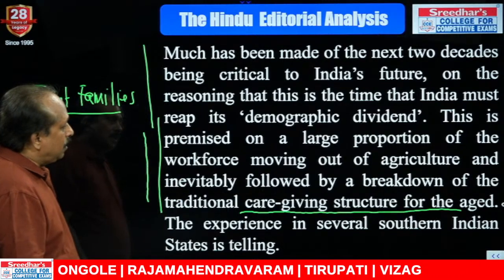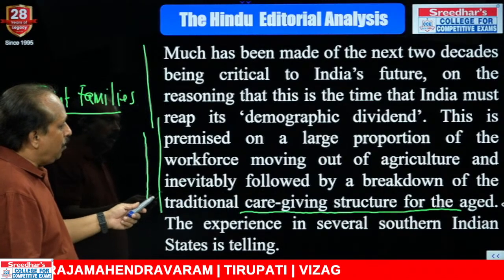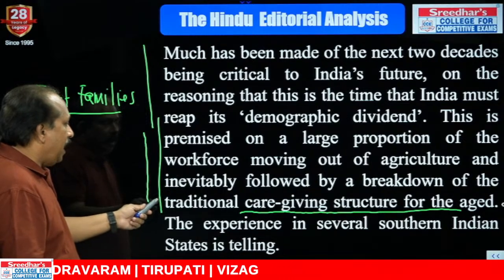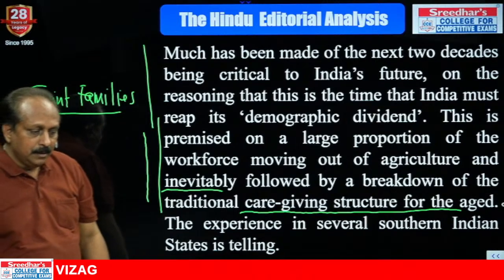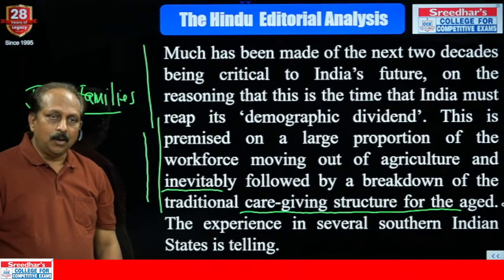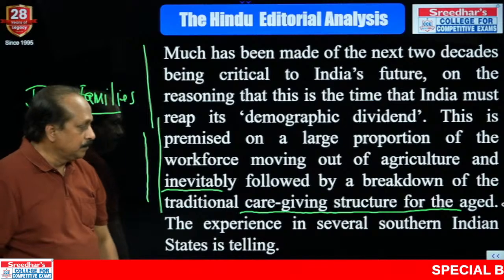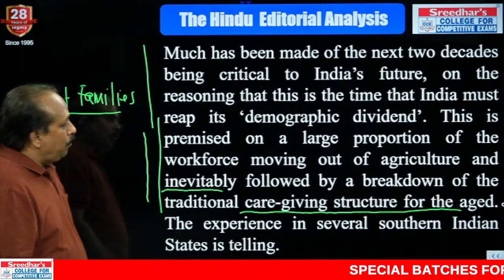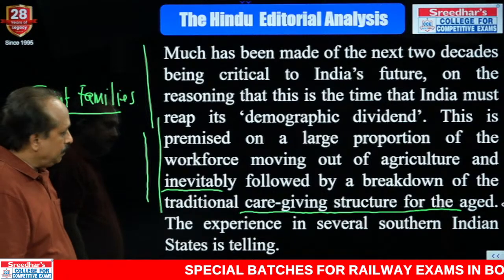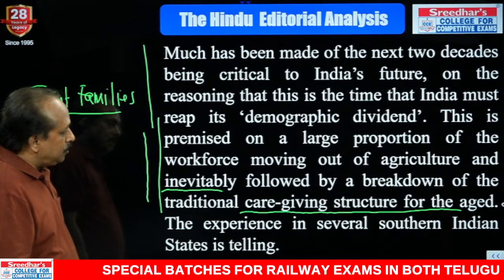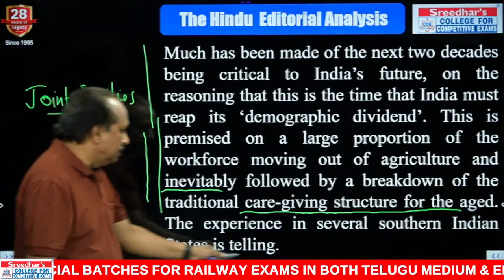This is premised on a large proportion of the workforce moving out of agriculture, and inevitably, inevitable meaning something that is going to happen, that no one can stop, followed by a breakdown of the traditional caregiving structure for the aged. The experience in several southern Indian states is telling.